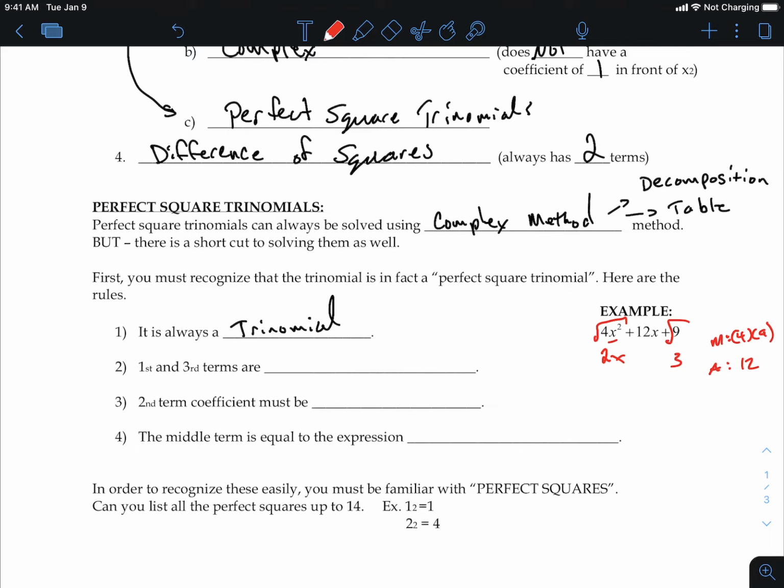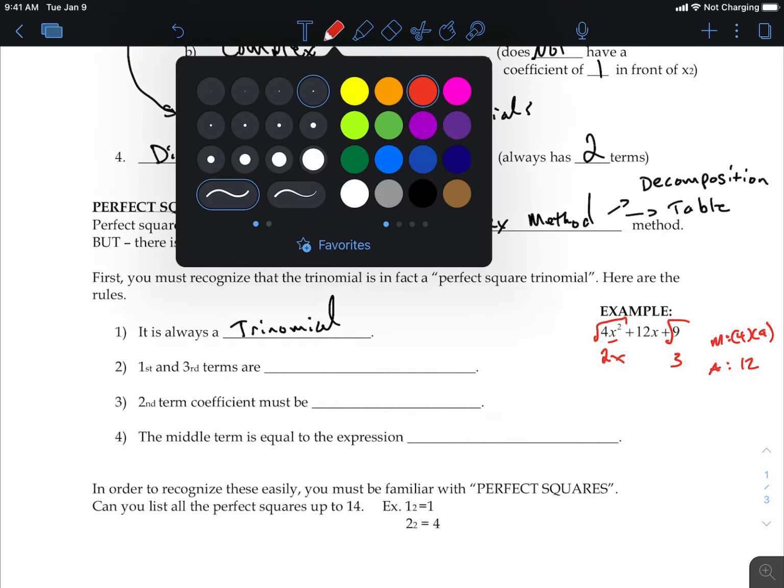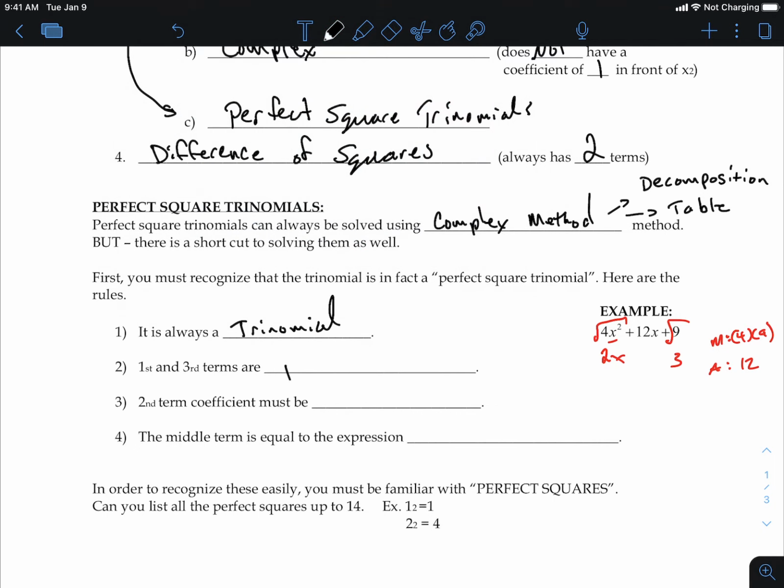You can see how that question doesn't necessarily look any different than the questions we did yesterday at face value, but with a little digging, you can see that it's a special kind of question. You can square root the first and third. To put that into words, first and third are perfect squares. That means I can multiply two things that are the same together and create a perfect square.